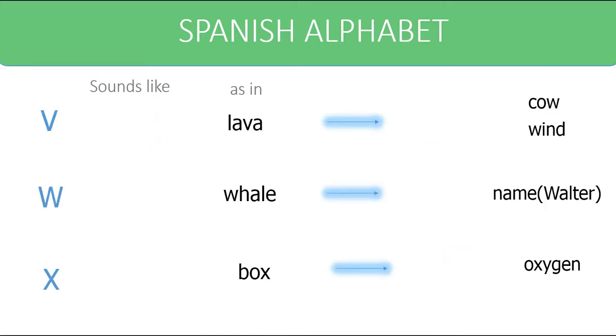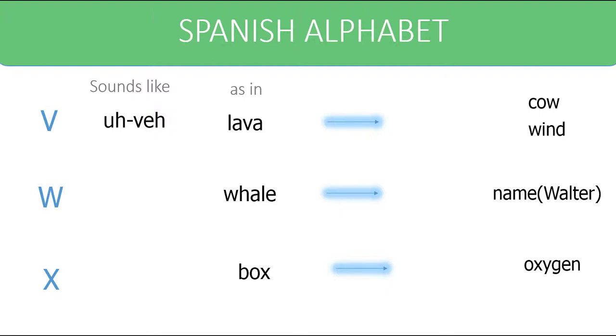Let's move on with letters V, W, and X. The letter V in Spanish sounds like "v." Another way that this letter is pronounced is "b." So in Spain it is pronounced one way, and in most Latin American countries it is pronounced the other.